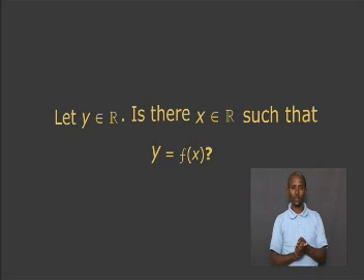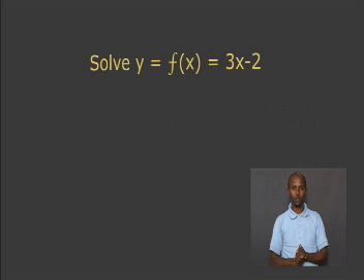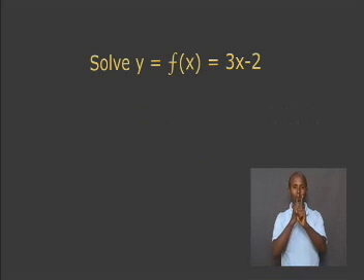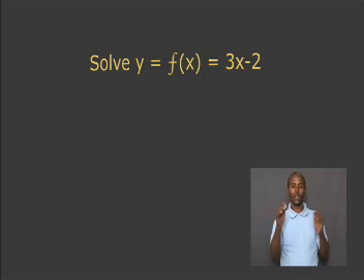Is there a real number x such that y equals f of x? If there is, we can find it by solving y equals f of x equals 3x minus 2.